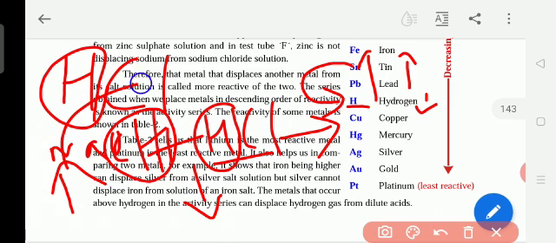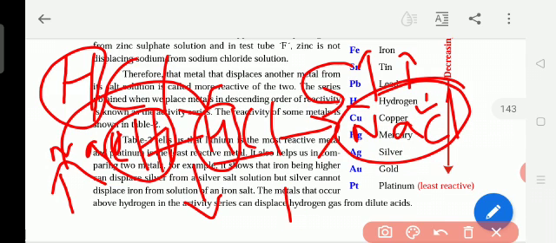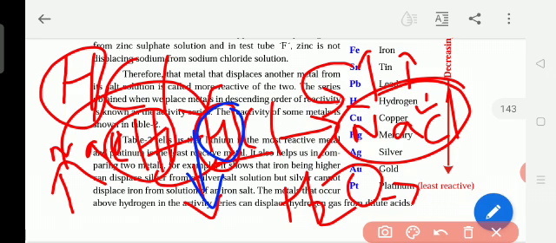Sodium can displace the hydrogen, so NaCl, sodium chloride salt, is formed. Another one is H2O, water, released. So above hydrogen, whatever is present can displace the hydrogen because hydrogen is less reactive. Whatever is above hydrogen is more reactive.